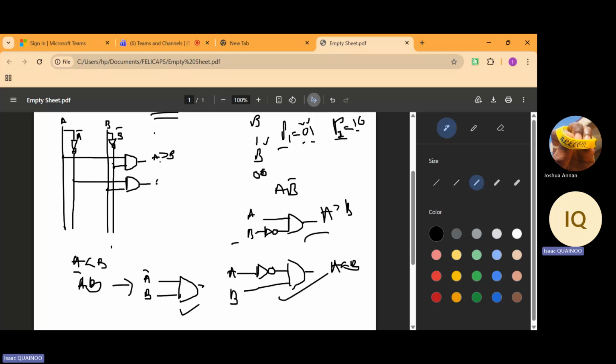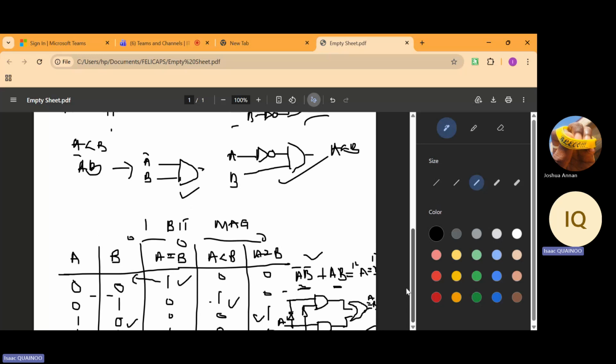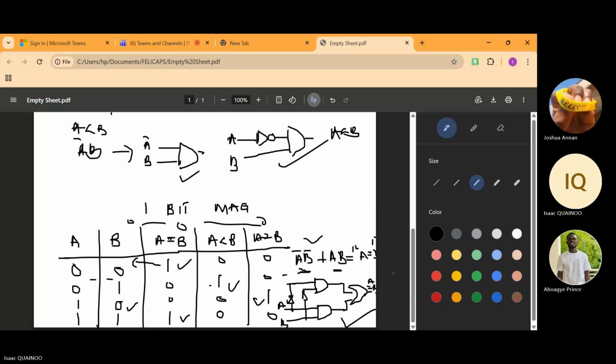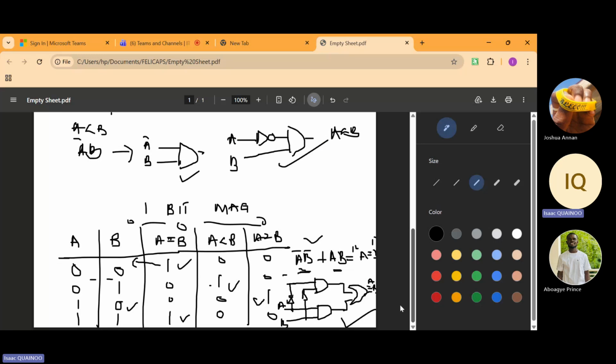So this was our A less than B. Then the third one, we had our A and B, right? So the first circuit was A naught and then B naught, right?